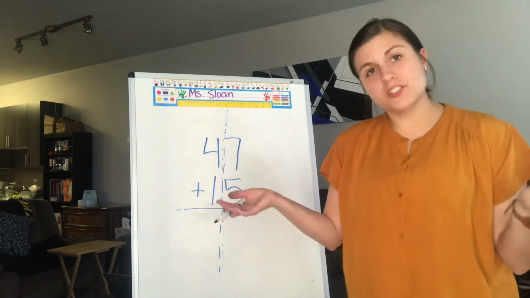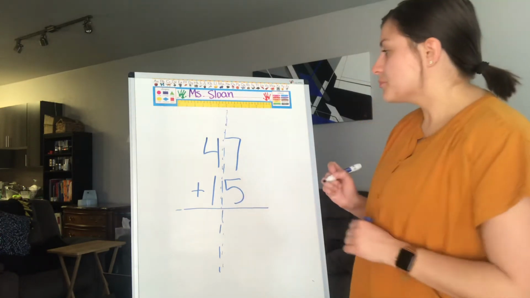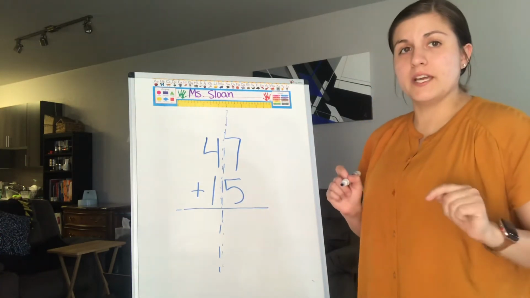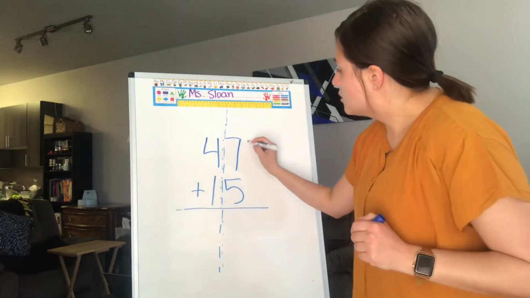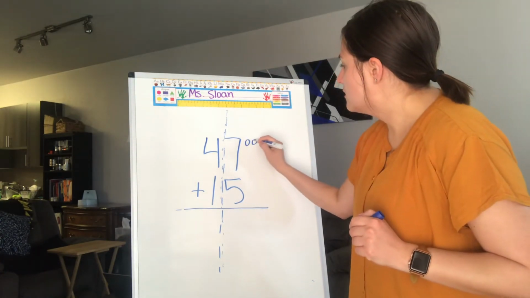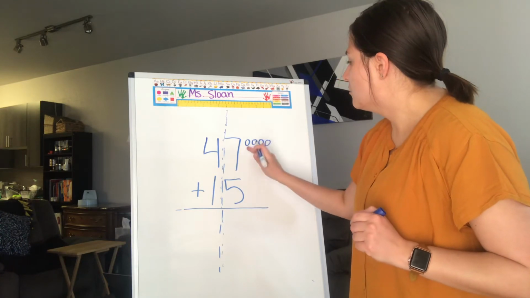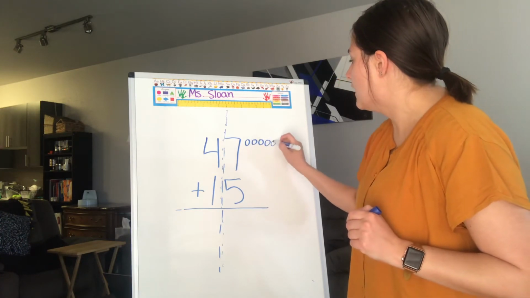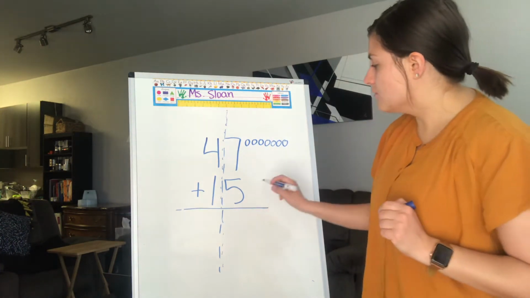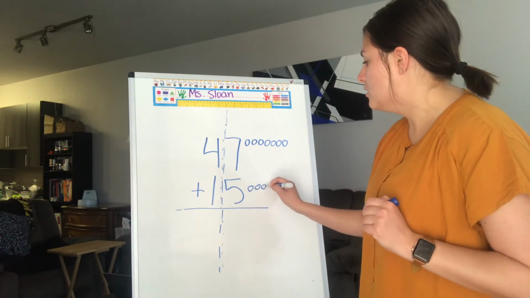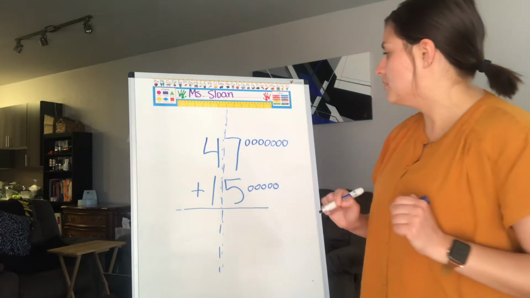Well, we've got a couple of strategies we can use to add. Remember, we talked about one way to add is to draw pictures or draw circles. So I'm going to draw 7 circles. 1, 2, 3, 4, 5, 6, 7. And then I'm going to draw 5 circles. 1, 2, 3, 4, 5.